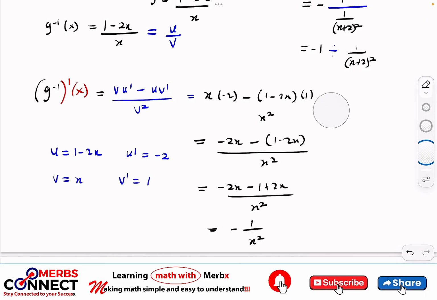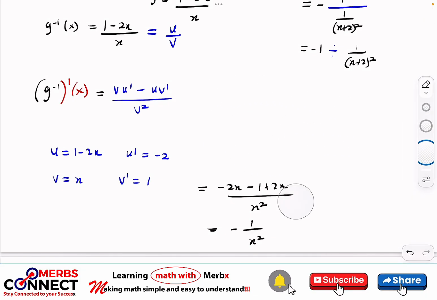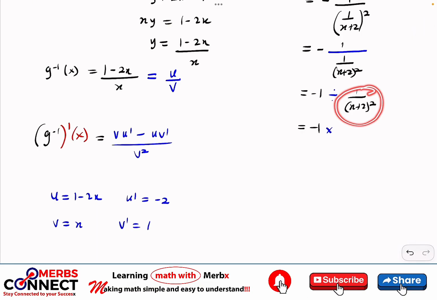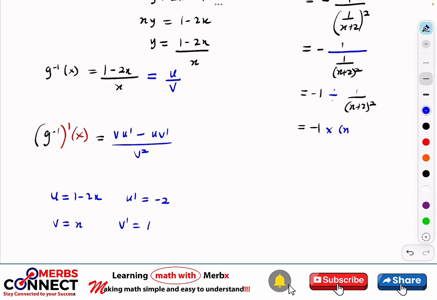I think I can erase this one so that I have some space there. Great. So this is going to be minus 1. Now I change my division to multiplication, and I'm going to reciprocate this to have (x plus 2) divided by 1. And then when I multiply this, I'm going to have minus (x plus 2) squared. Great.